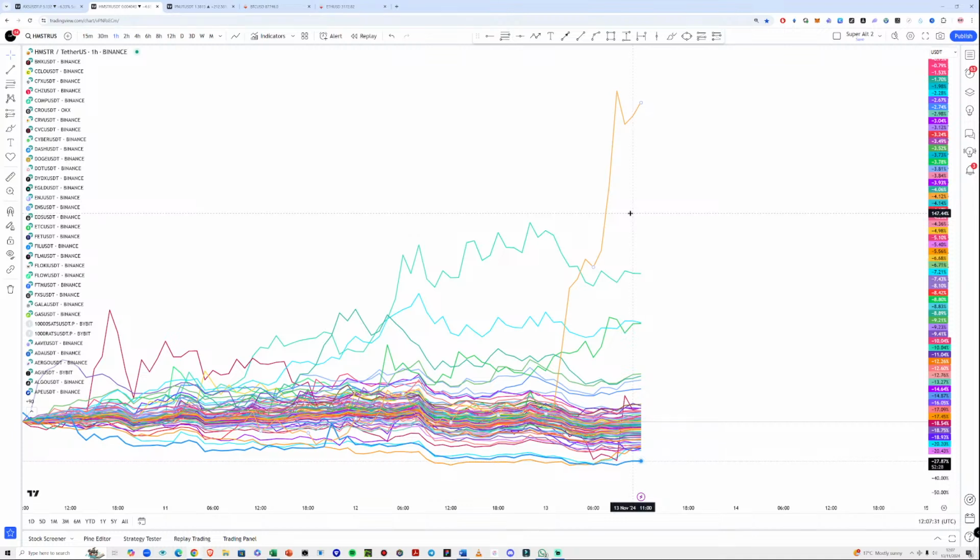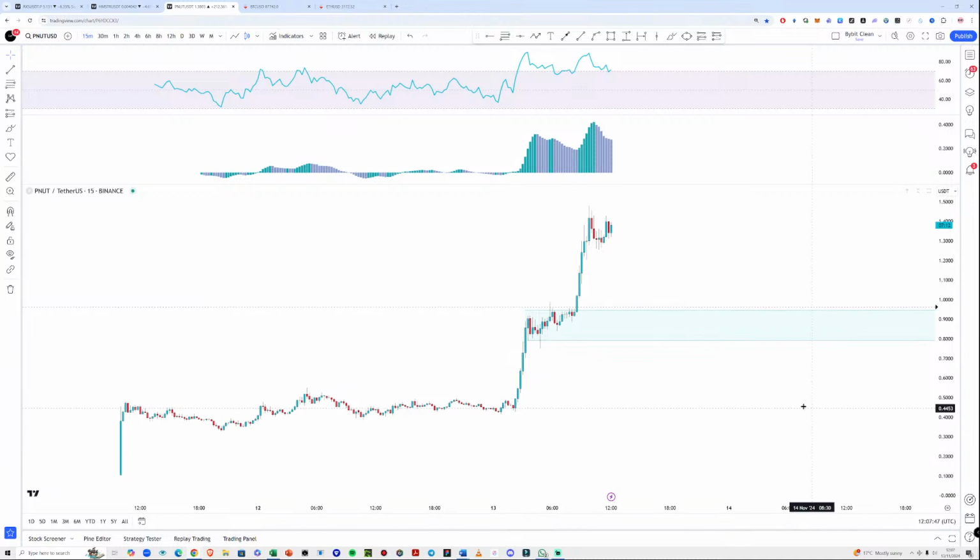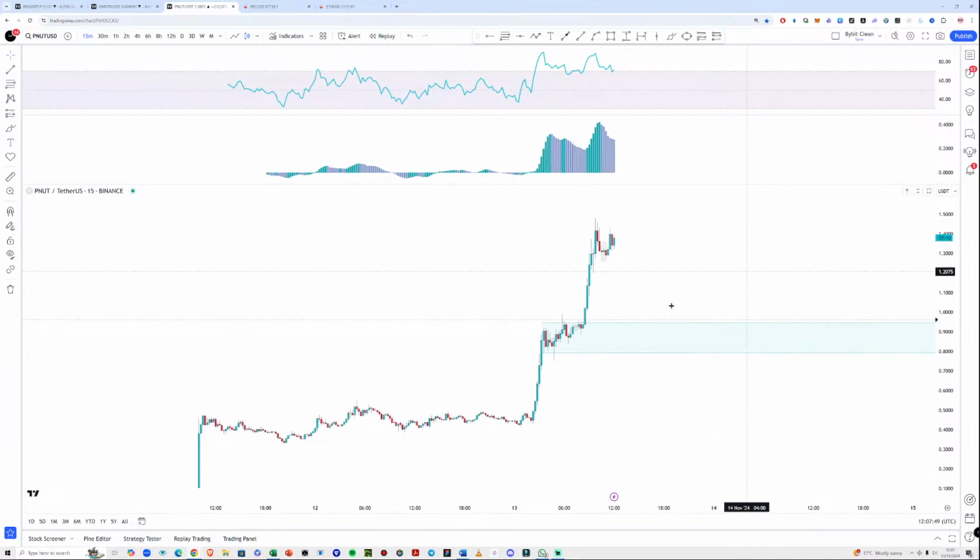So constantly scan for new listings and then update your overlays as you go along. For instance, when I'm scanning, I'd click on this, I'd see it's peanut, then go over to a blank chart, and you can see that I've already set this up from this morning.